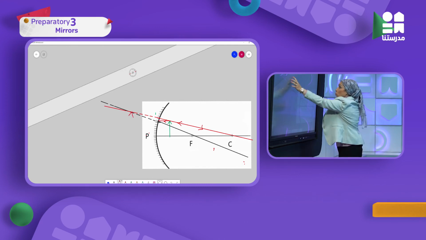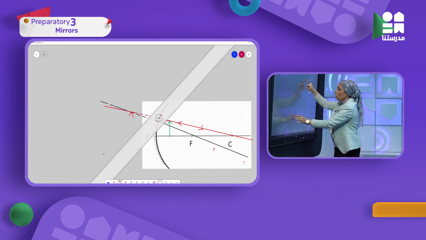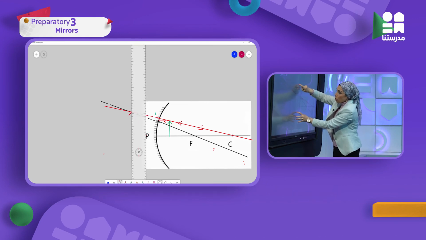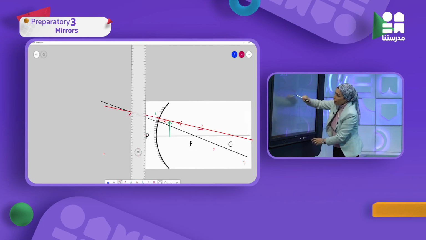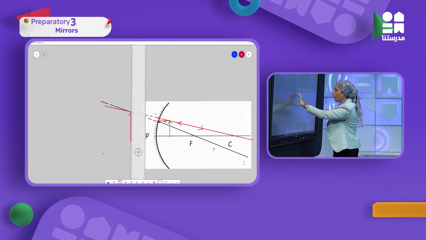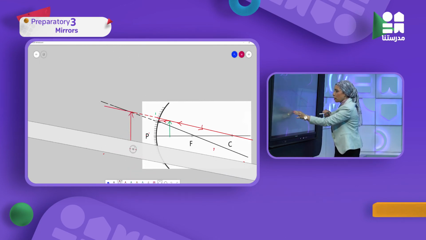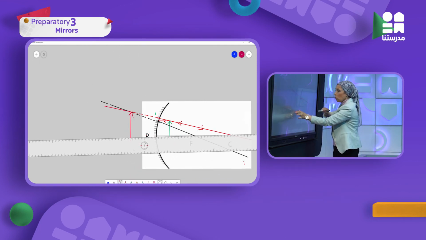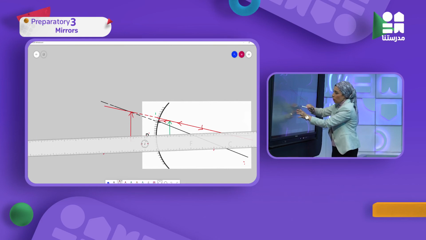Then I'm going to draw my object. And I said before the object should stand on the principal axis, so I'll extend my principal axis. Then I can see the image here.